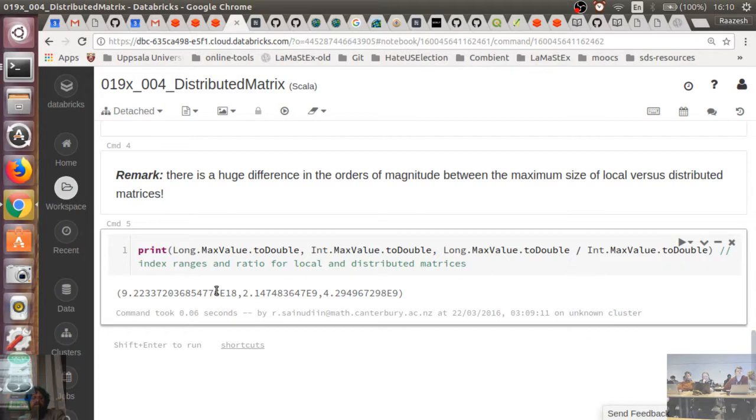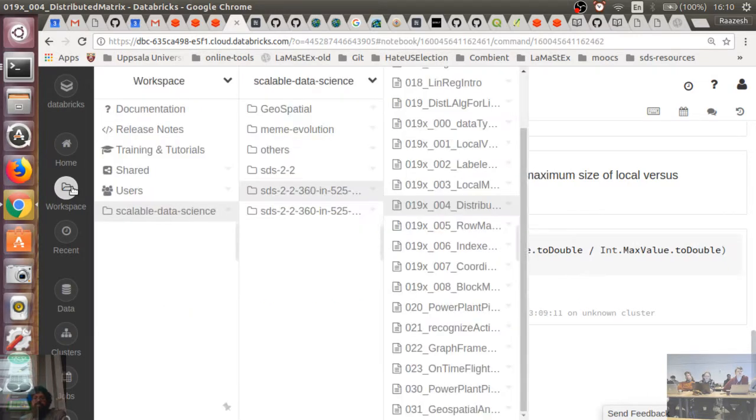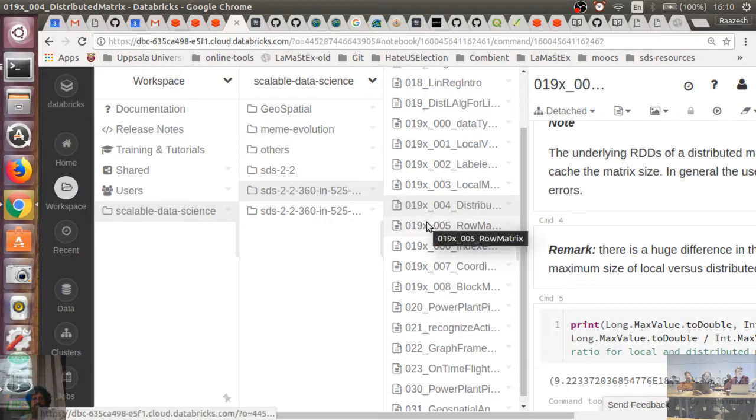So long is quite big, right? It's 9.2234 times 10 to the 18. So that's the limit, right? We can't even represent the row of the matrix beyond that right now, but that's what big data maybe. And then you use int as the maximum number of rows for a local matrix.